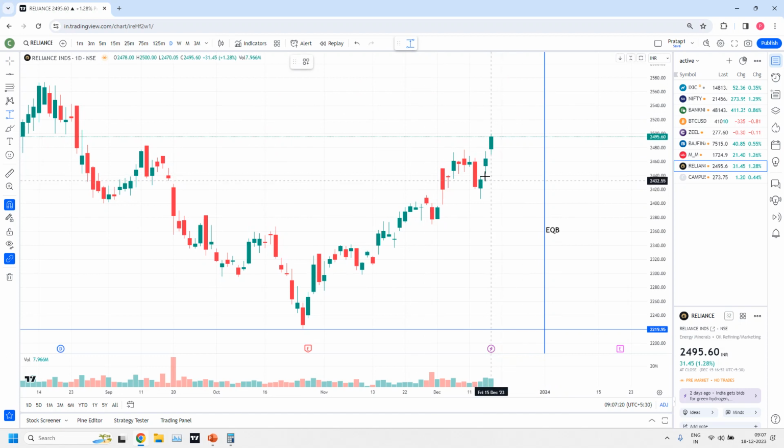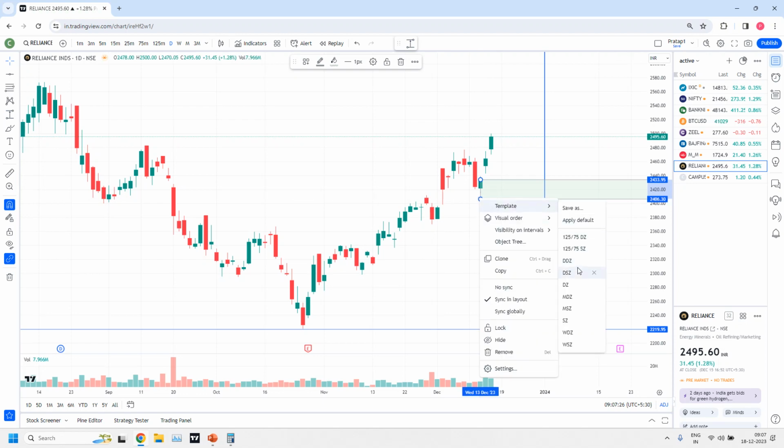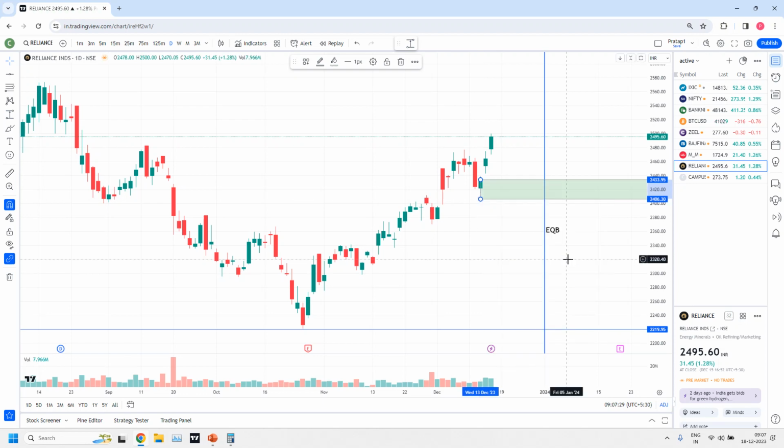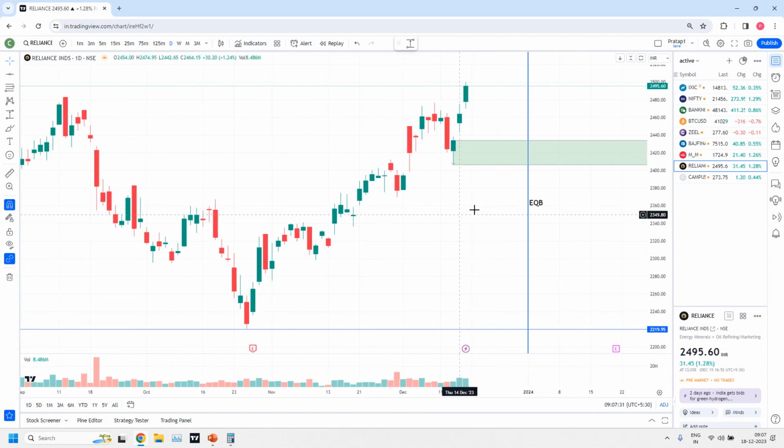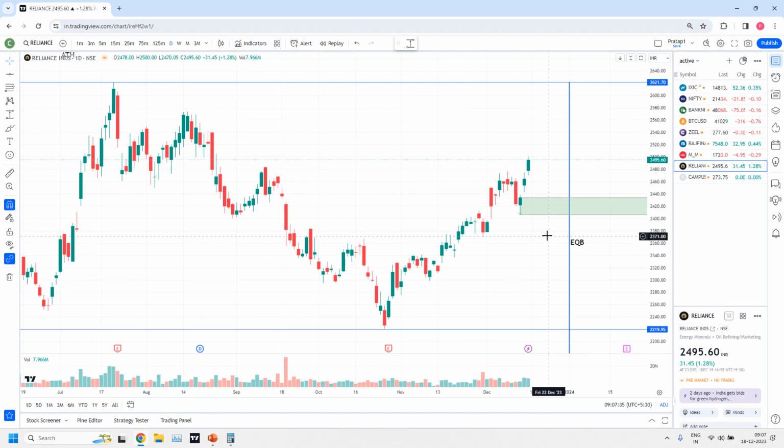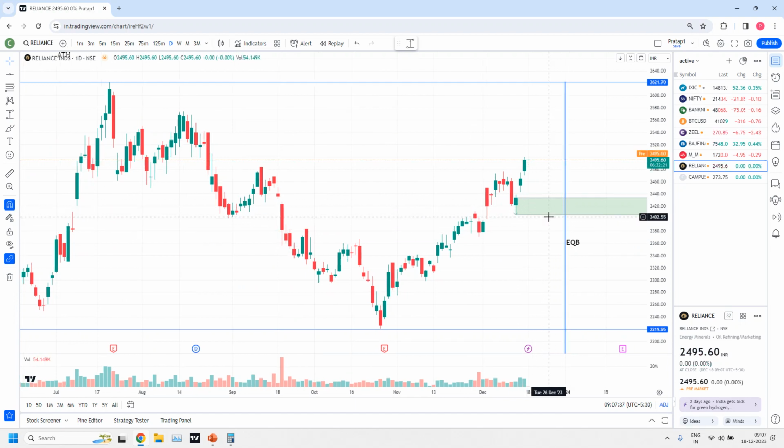So now let us add the zone. Which zone is this? The daily zone. So let me change the color to daily demand zone. Now if prices are about to enter, we can consider this zone for buying purposes.